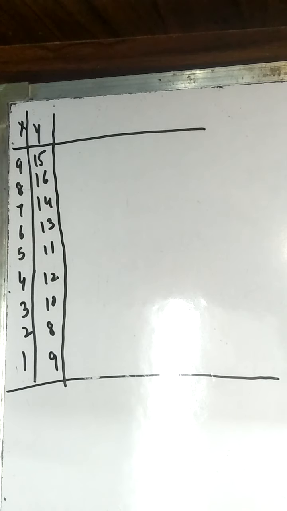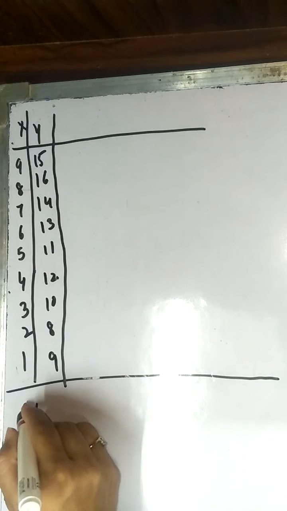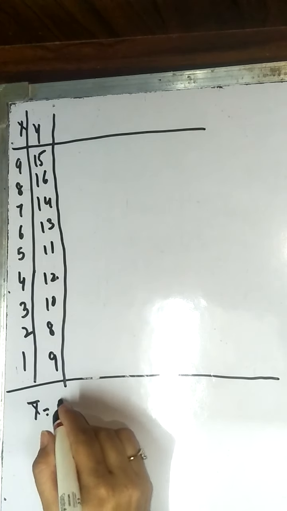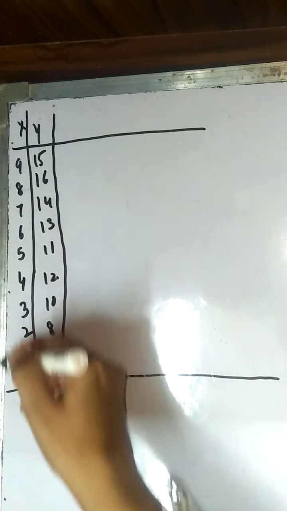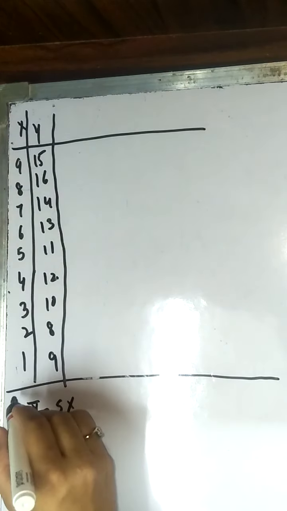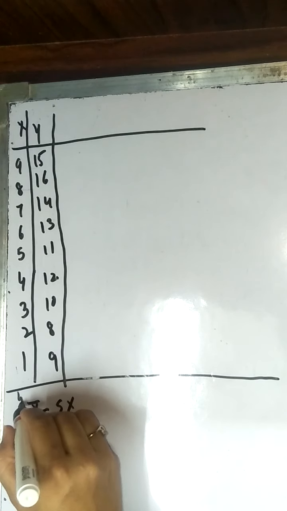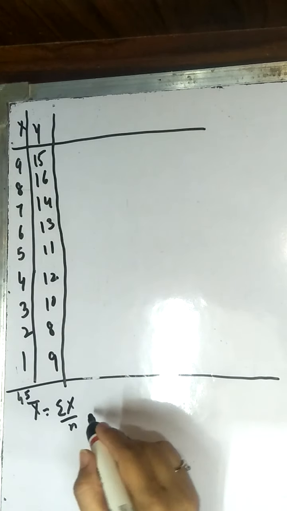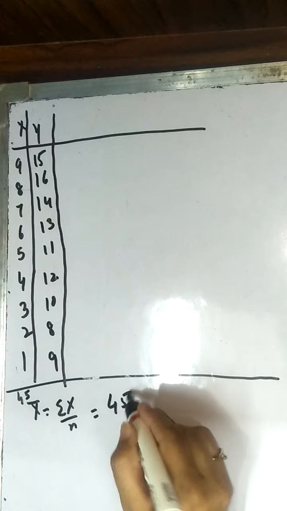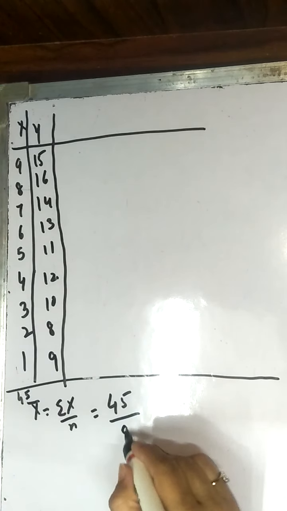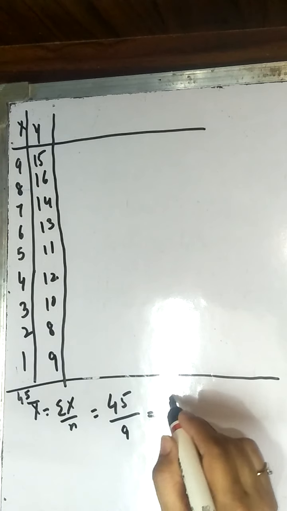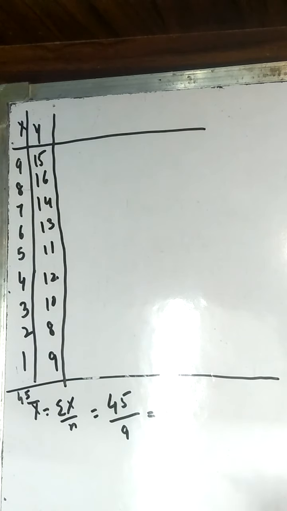First of all, we find the mean of x, and we know that the mean of x is summation x by n. So the sum of x is 45. So the mean is 45 upon n, where n is the total number of values, that is 9. So the mean of x is 5.